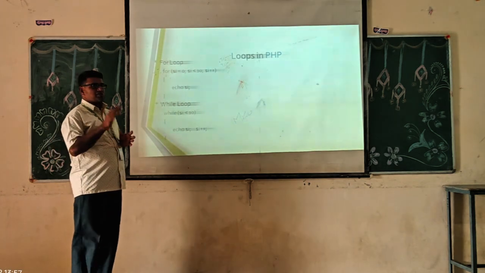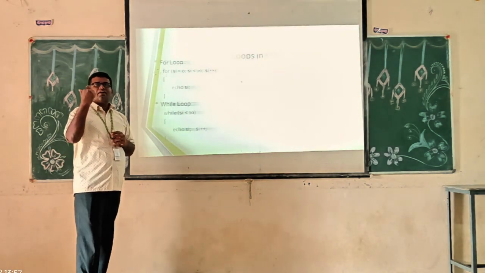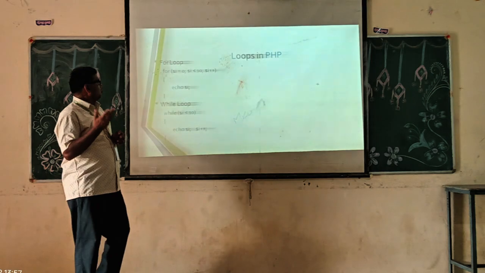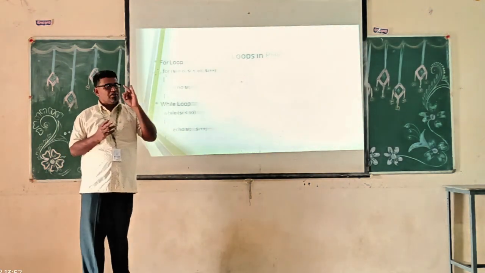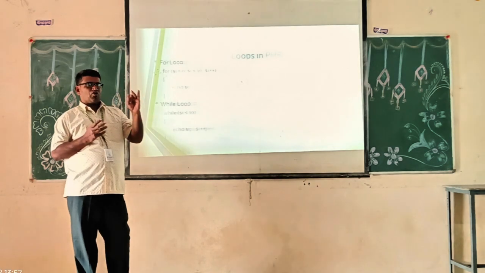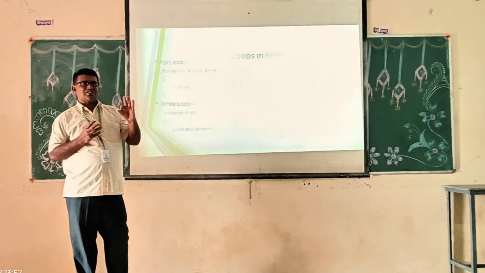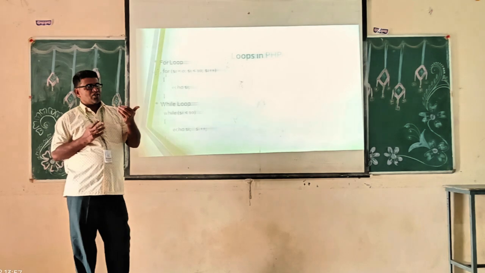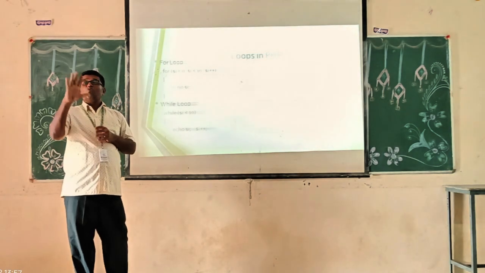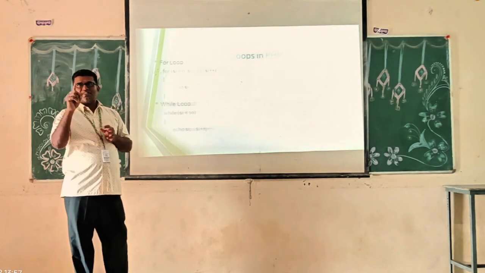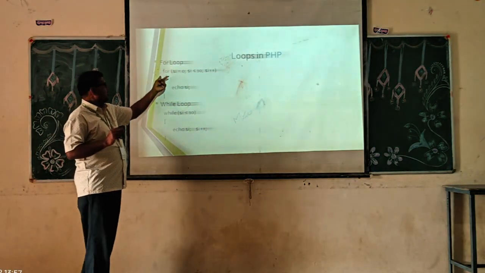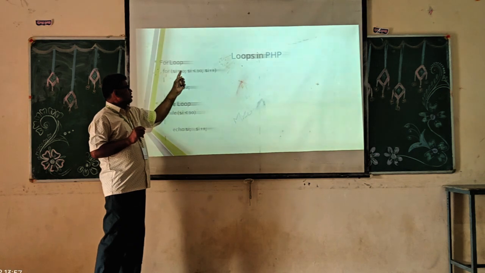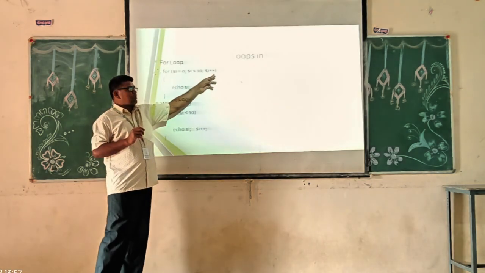And the next, loops. PHP uses loops: for loop, foreach loop, while loop, do while loop. It is very important. So these are the looping types. Now let's see the for loop in PHP: for I equal to 0, I less than 10, I plus plus.